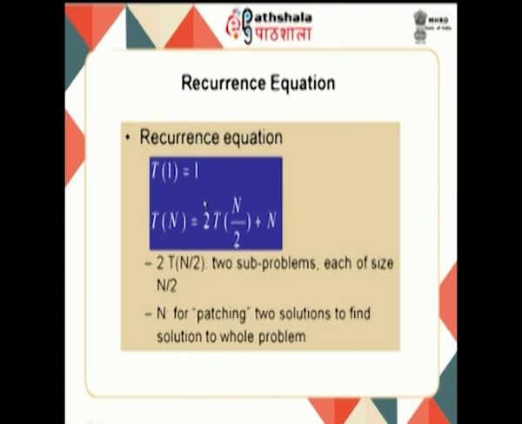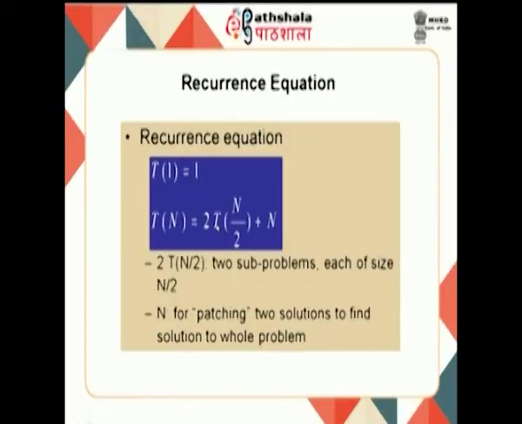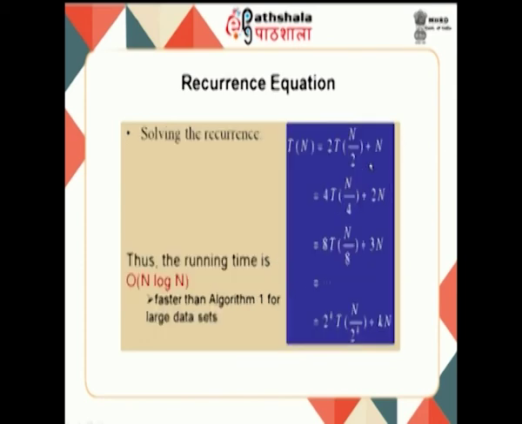T of 1 takes time 1, and T of n equals 2T of n by 2 plus n, because you are dividing the data into half, where 2T of n by 2 is the 2 subproblems, each of size n by 2, and this n is for patching the 2 solutions. This can be written as 4T of n by 4 plus 2n, then 8T of n by 8 plus 3n, and so on.